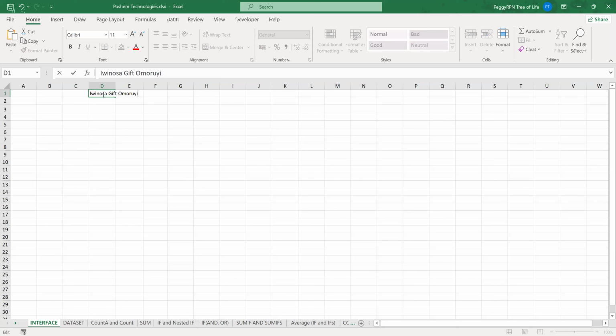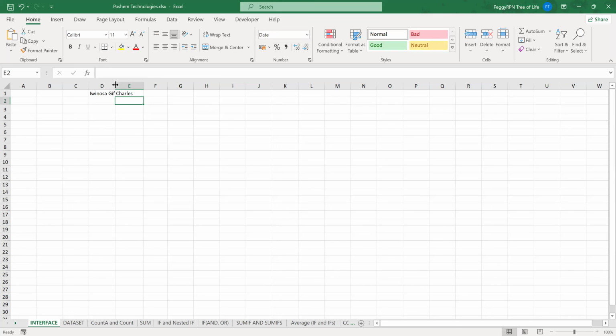Sorry, I'm using your name because that's what I'm seeing on my screen. So when you type into cell D1, it doesn't mean that this Omori is in cell E or column E. No. If I come here now and try to type, you see that this now has gone inside.